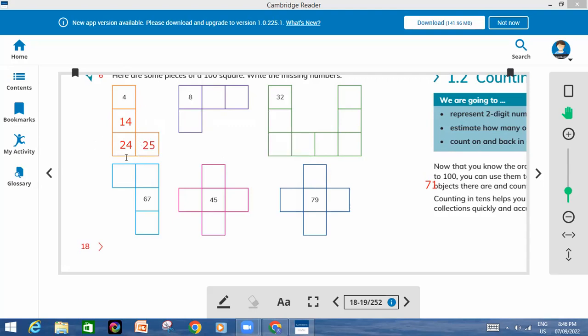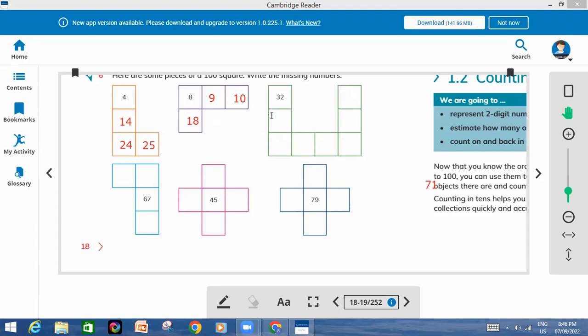Okay, maybe this one is tough, but you can see another example, another question. 8, what comes after 8? 9, 10. But when we are taking this column of 8, we have to add 10. When we add 10, it becomes 18.